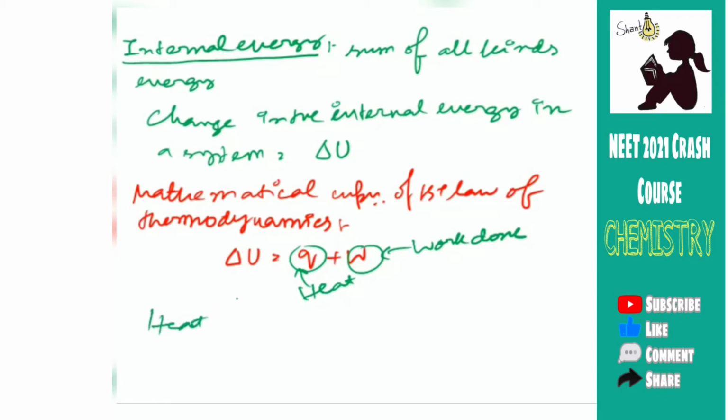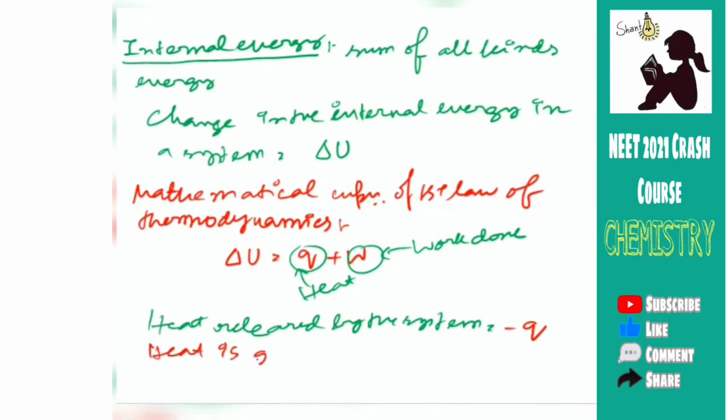If heat is released by the system, then its sign will be minus Q. But if heat is given to the system, then it will be plus Q. So just remember either this or this.